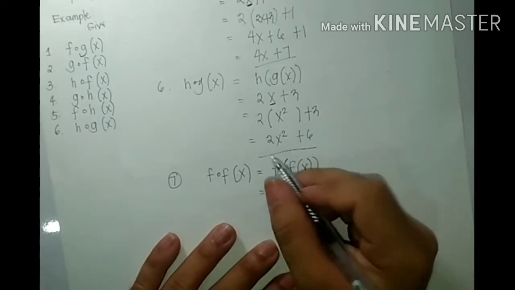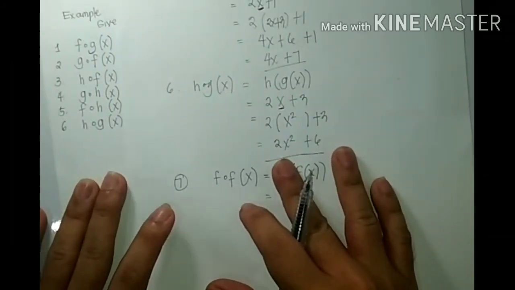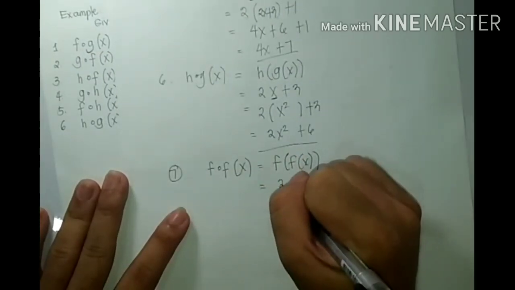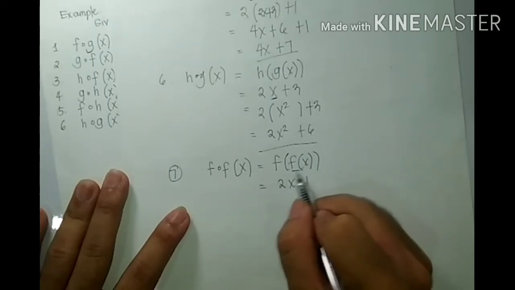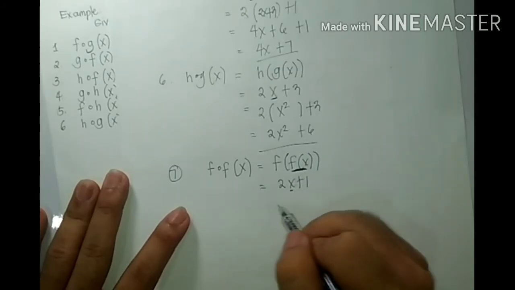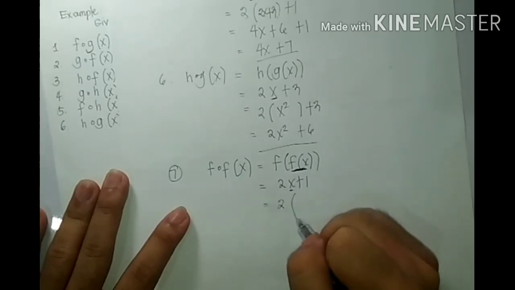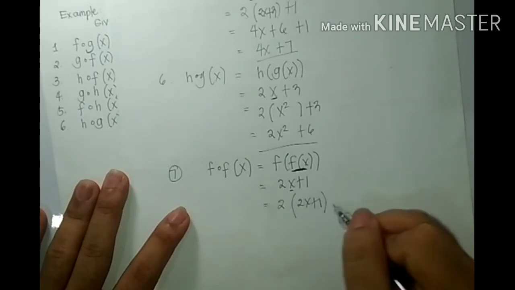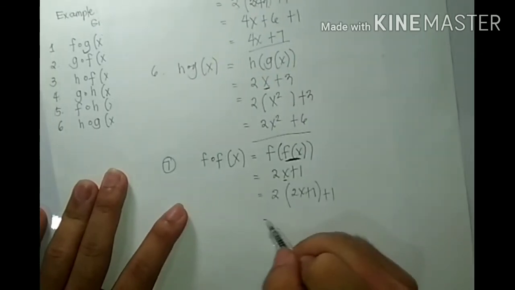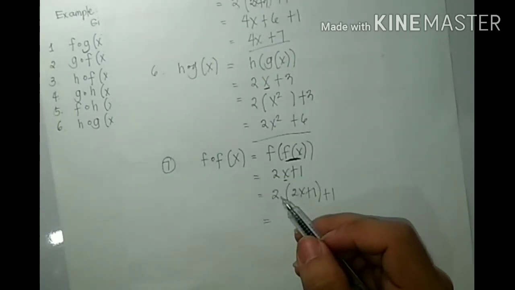Okay, so as we all know that f of x is equal to 2x plus 1. Then we need to substitute value of the inner function, which is f of x to x. So we have 2 times 2x plus 1 plus 1. Okay, so apply distributive property.